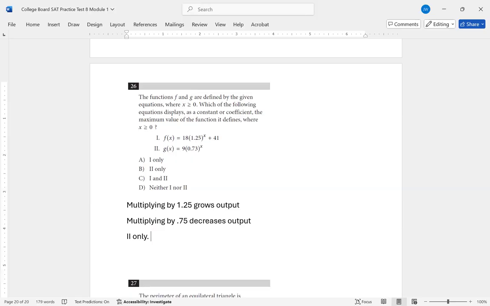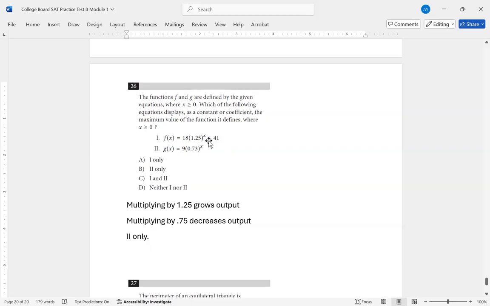That's the one where when we plug in x of 0, we get a 9, and you plug in any other x which is bigger than or equal to 0, and it gives you something smaller than 9. And you can test that out on your own if you'd like. You could also have graphed these two equations. On the other hand, 1, when you plug in an x of 0, you get 18 plus 41.